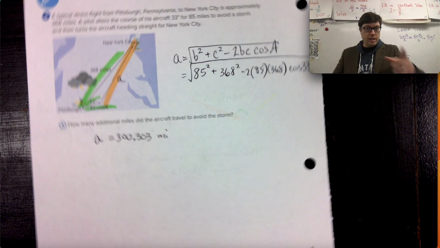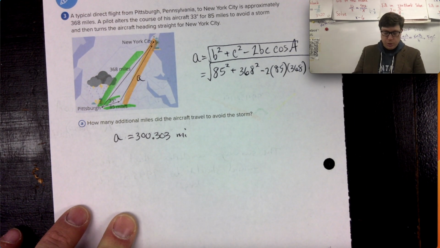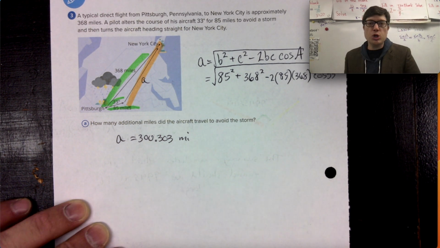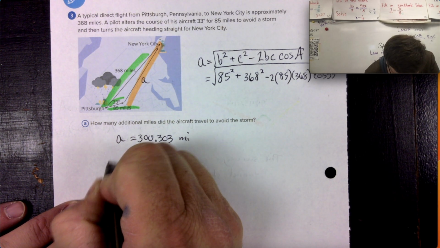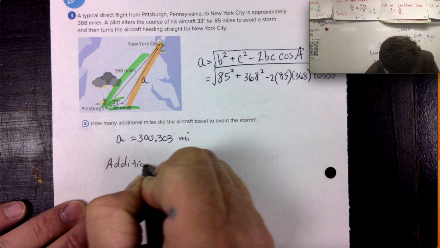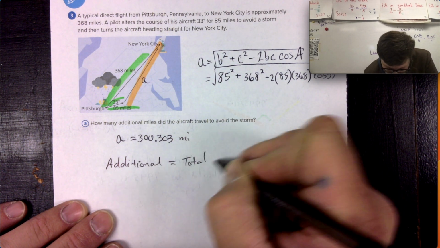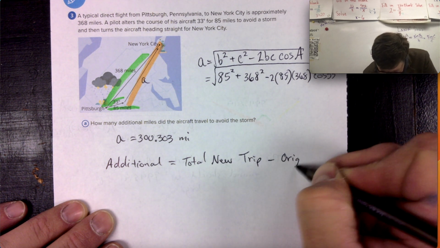Now, to answer the question: if the plane was going to travel from Pittsburgh to New York, that's 368 miles, then the original trip was only going to be 368 miles. The additional miles will be the total new trip minus the original.